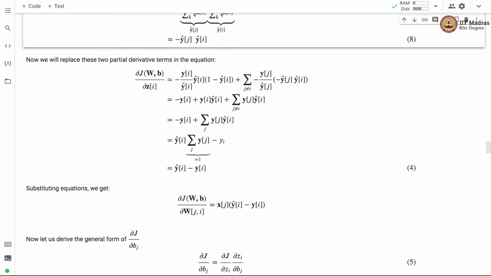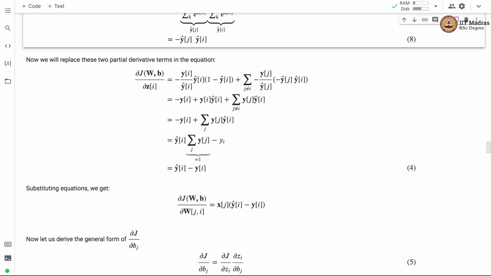So now we can do simple algebraic manipulation. So these two yi hats will be cancelled and this will be minus yi plus yi into yi hat. So this yi is multiplied inside this particular bracket. So we get minus yi plus yi into yi hat plus, so basically these two yj hats will cancel, this minus minus will become plus and we get yj into yi hat.